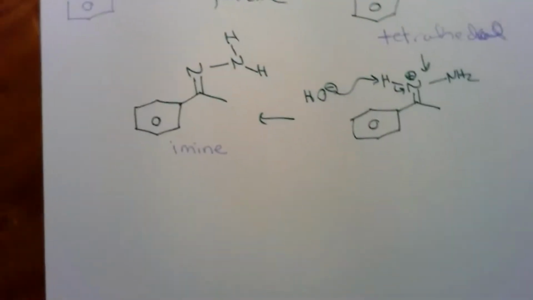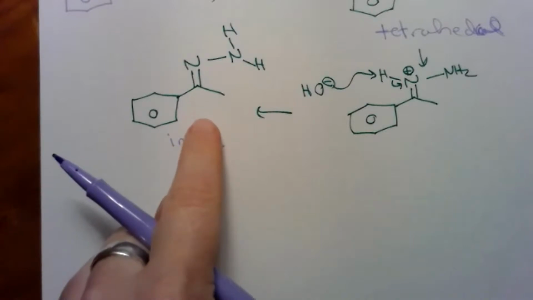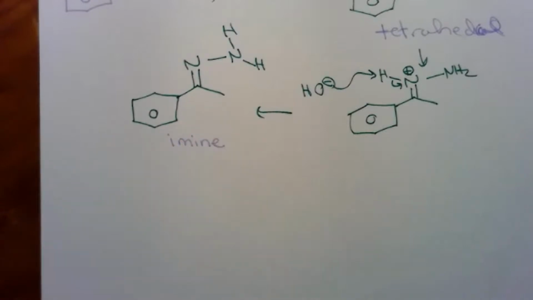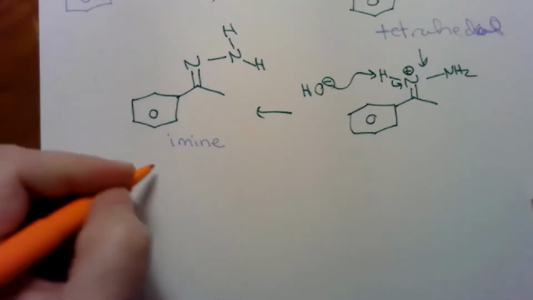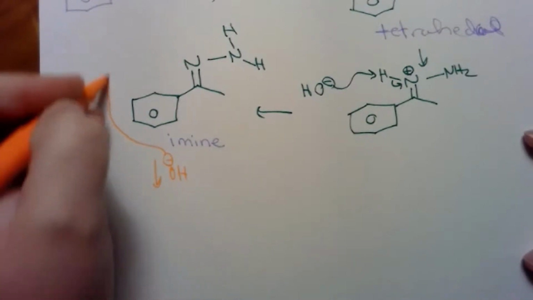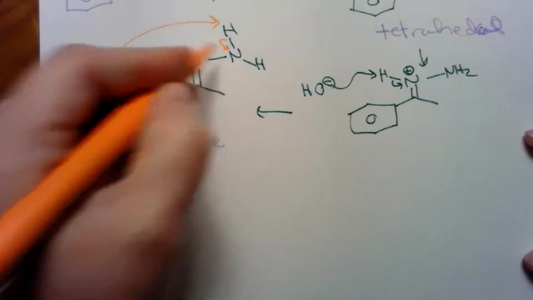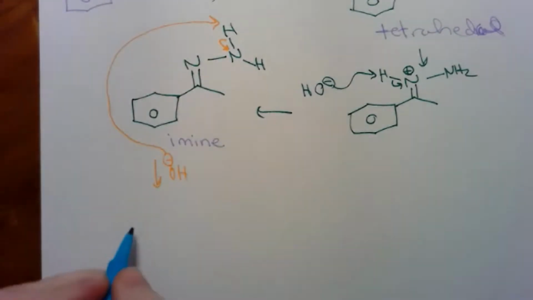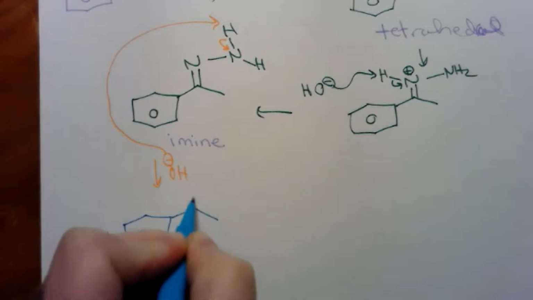Well, the Wolff-Kishner reduction goes through an imine. This imine then goes through extra steps. We're going to switch colors here to say the first bit of that reaction is simple imine formation. But what comes next is unique to the Wolff-Kishner reaction.